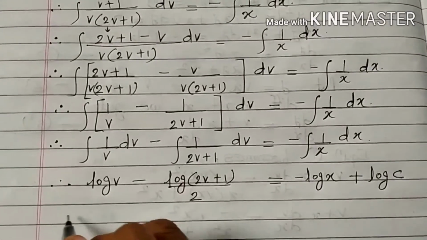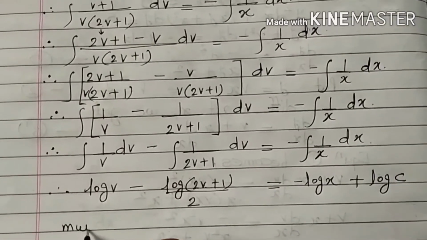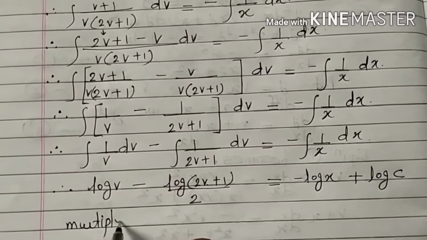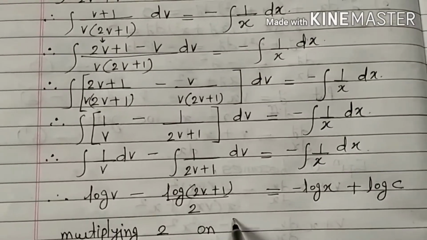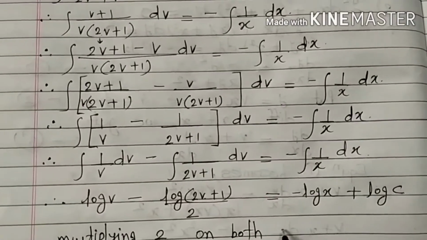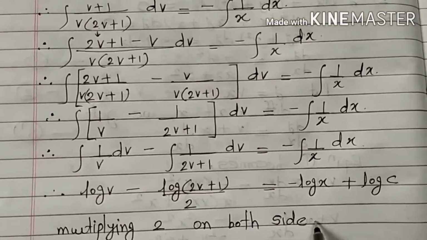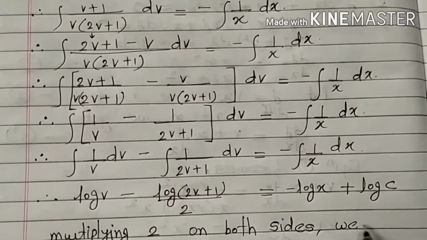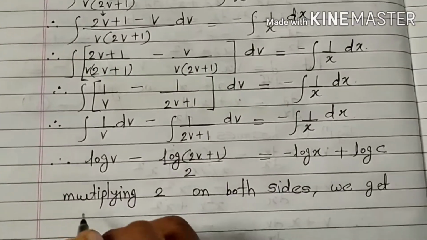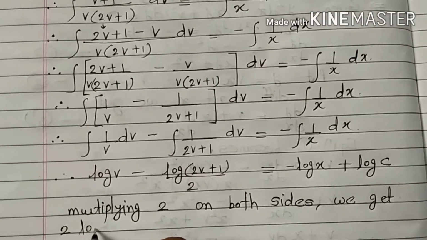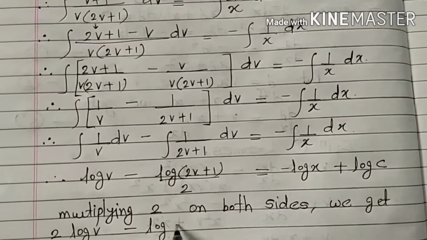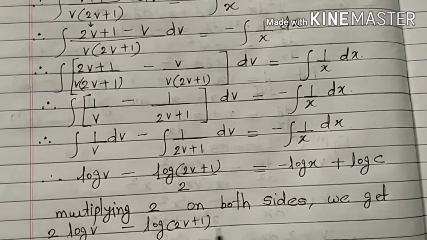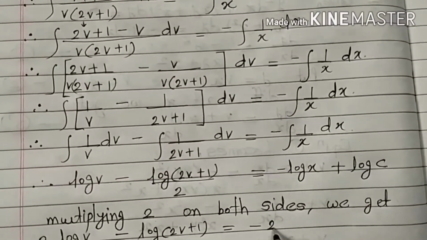So multiplying 2 on both sides, we get, after multiplication, 2 log v, this 2 and this 2 cancel, so log 2v plus 1, here is minus 2 log x plus 2 log c.